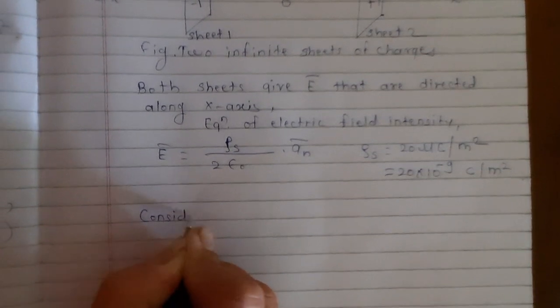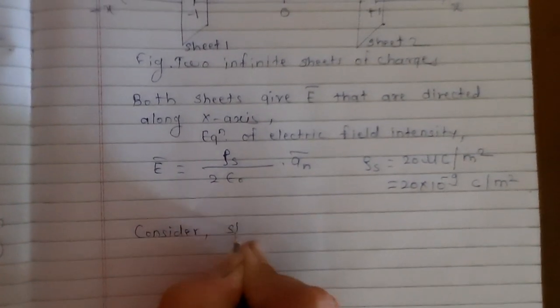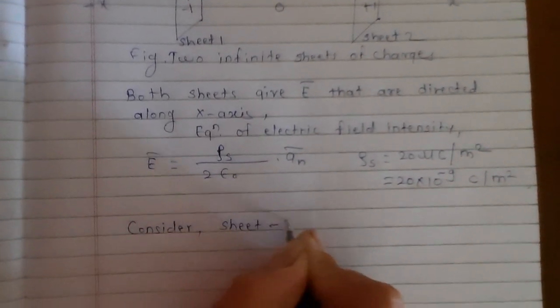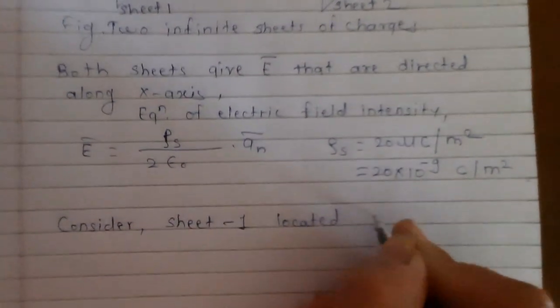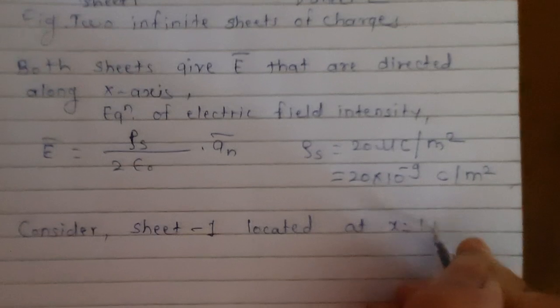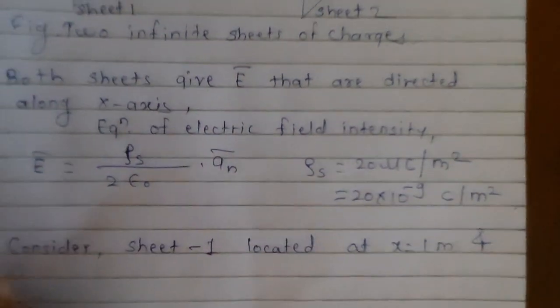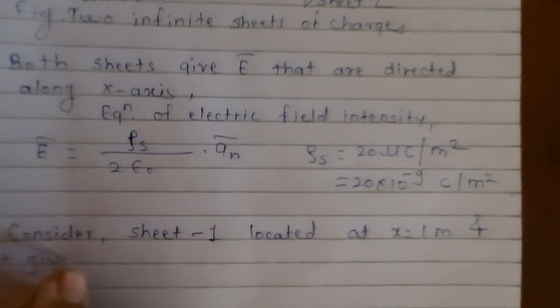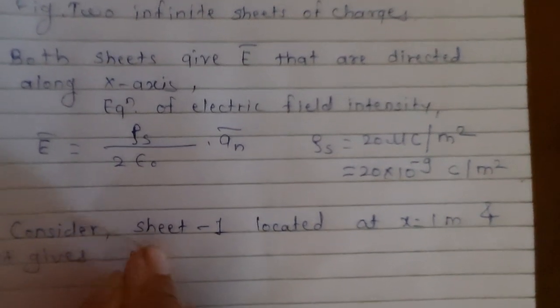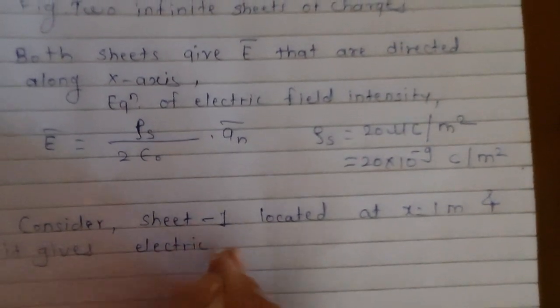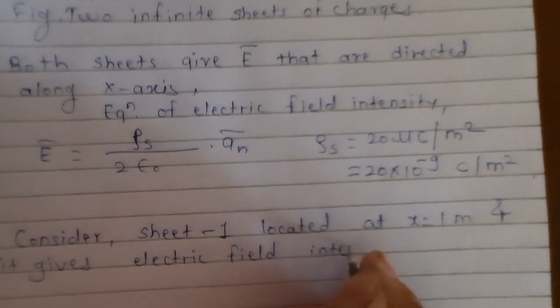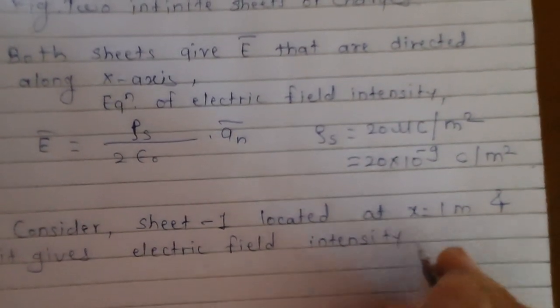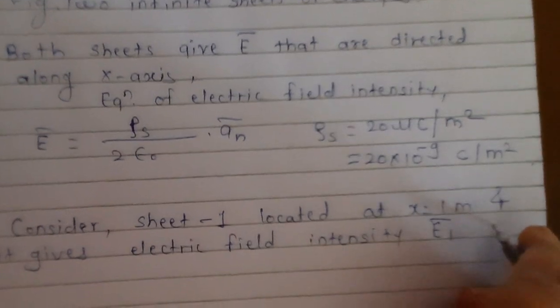Consider sheet 1 located at x is equal to 1 meter, and it gives electric field intensity E1 bar.